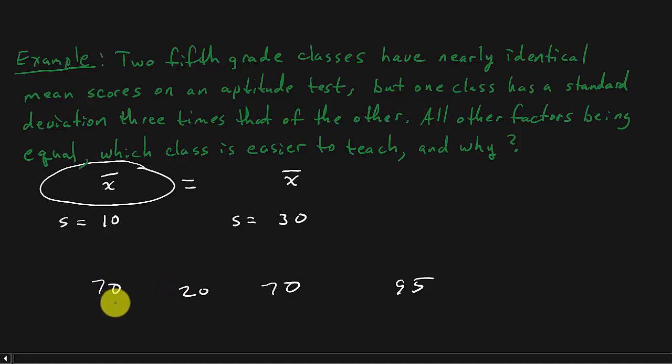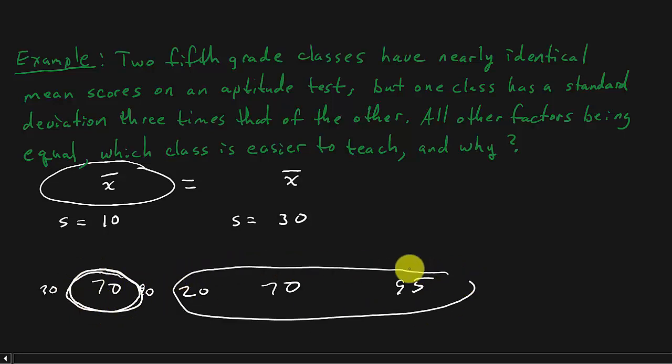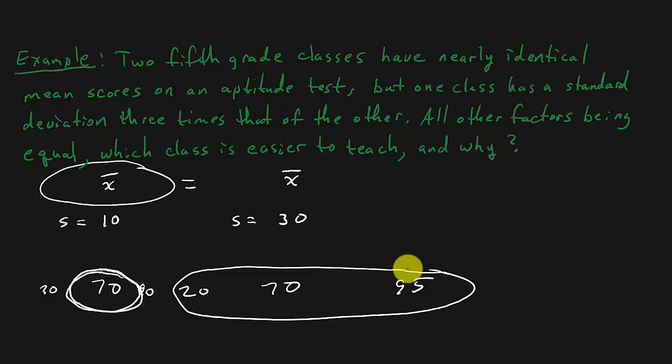Whereas in this class, you may have one score up here at 90, and you may have one score down here in the 30s, but most of the other scores are going to be a lot closer to this 70 than the scores in this class. Okay, so the larger the standard deviation, the more spread out the data is. And the smaller the standard deviation, the less spread out it is. And so that's what you're actually finding.